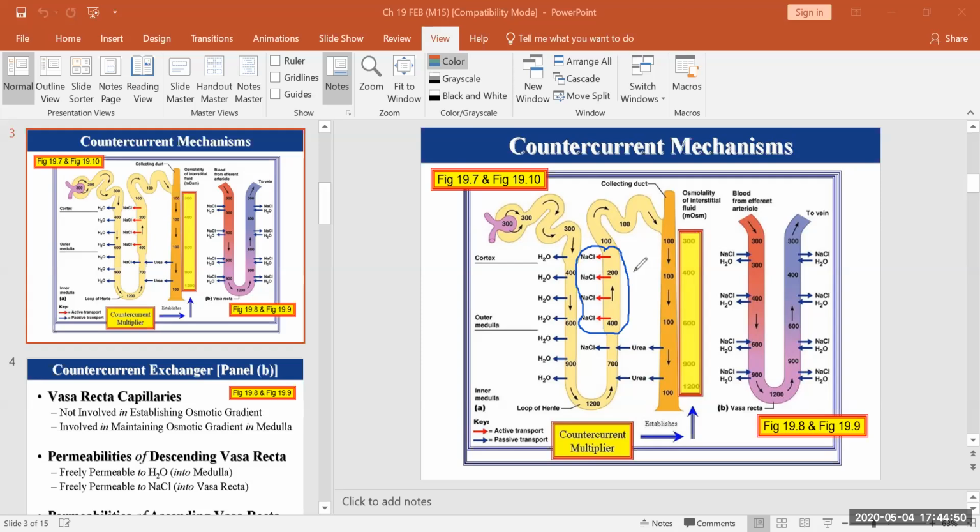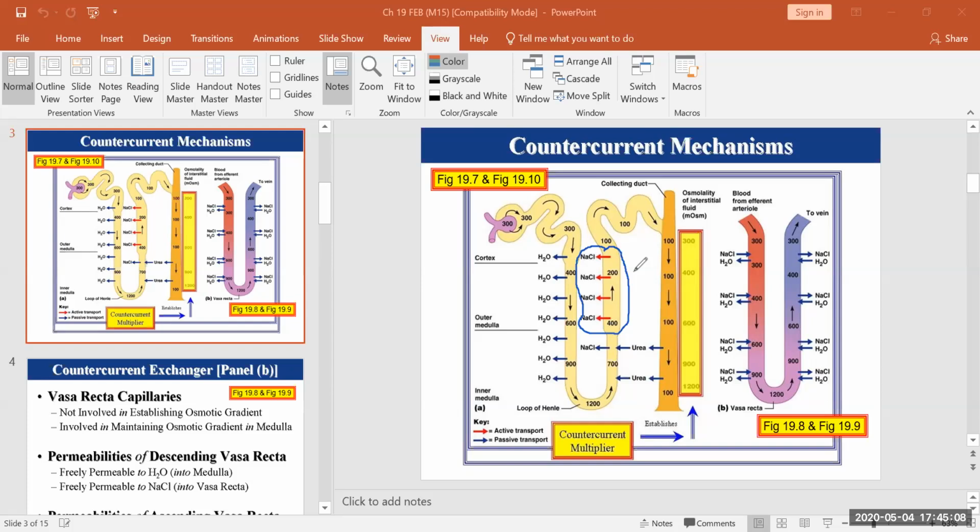That step is the actual step that begins to create that osmotic gradient from the renal cortex, the outer medulla, to the renal inner medulla.